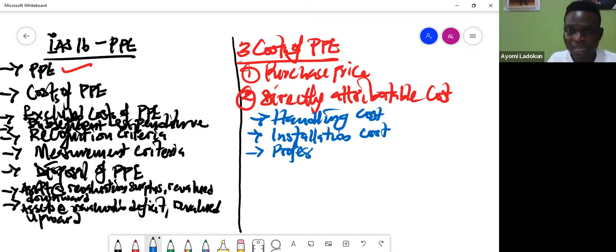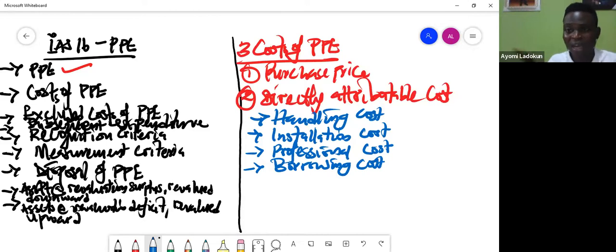I consulted an engineer and I paid it. I will also capitalize it. Professional fee, okay? Sometimes borrowing costs can also be part of it, especially if I borrow money, just like we saw under IAS23 shortly.